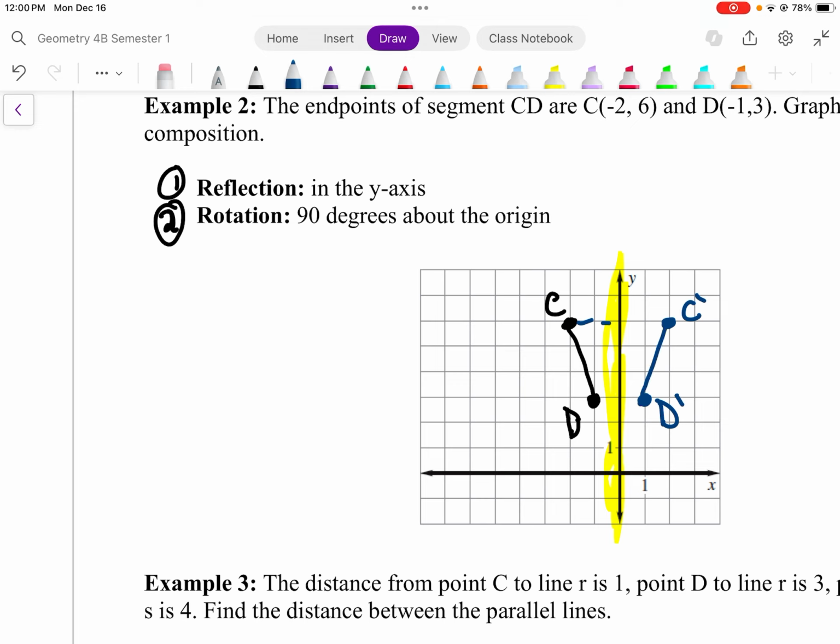Now we're going to reflect this image, or sorry, not reflect, we're going to rotate this 90 degrees about the origin. Because it's a positive 90, we are going to go counterclockwise 90 degrees.